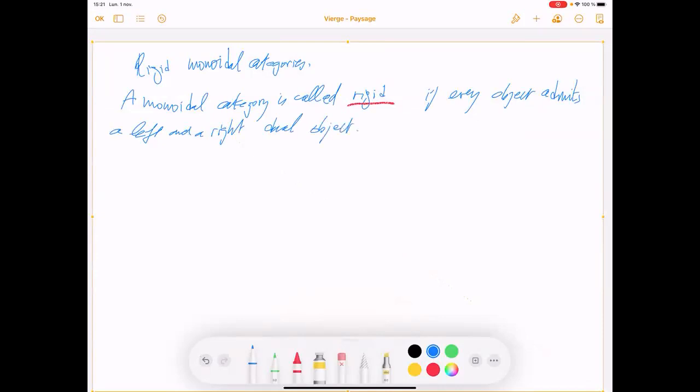And today we will focus on this notion of dual object. So what is a dual object?